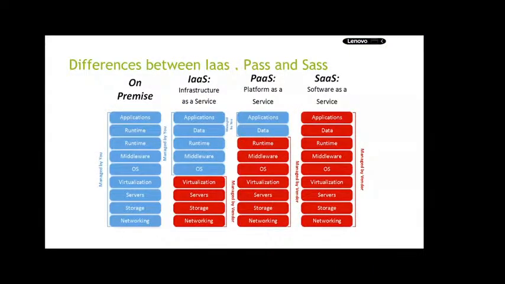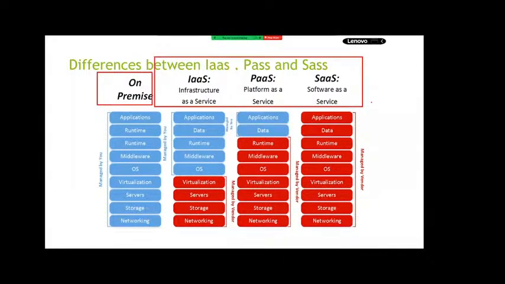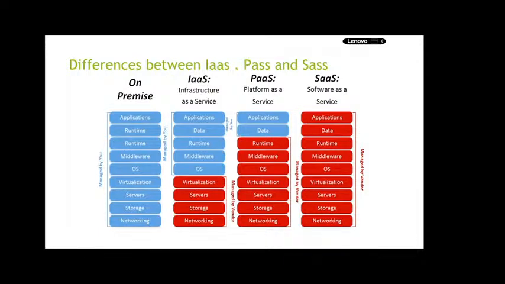Have a look. This is the on-premises. These are what? Cloud computing. Now tell me, in on-premises, to perform all these things, networking, storage, operating system installation and configuration, middleware, runtime, application, we required one thing.